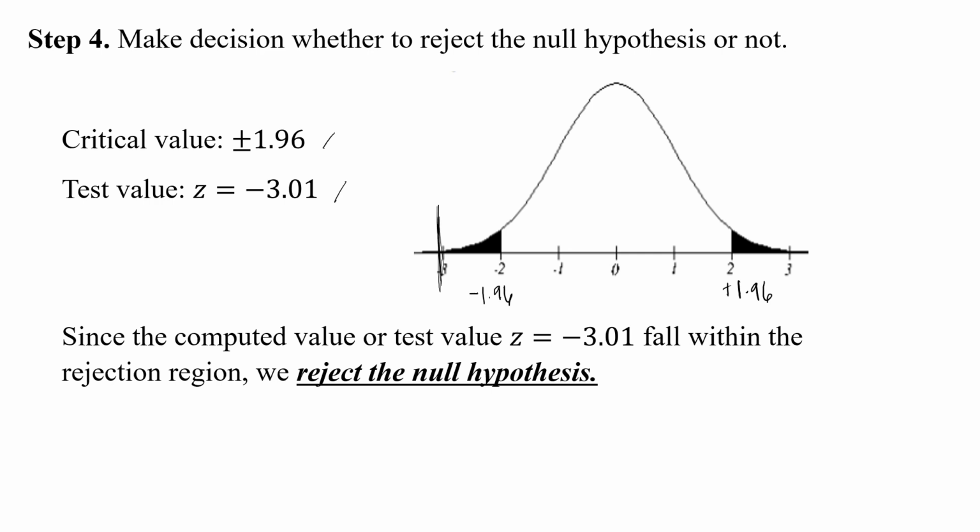So, hindi natin i-accept si null hypothesis. Okay. So, kung rejected itong null hypothesis, ang i-accept natin ngayon is si alternative hypothesis, meaning there is not enough evidence to support the claim of the manufacturer about the new drug. Okay?